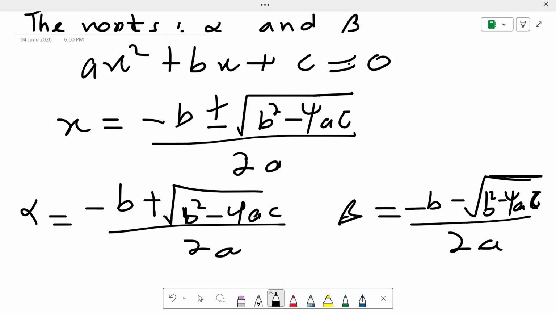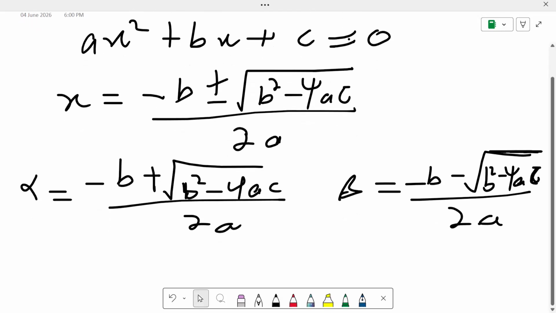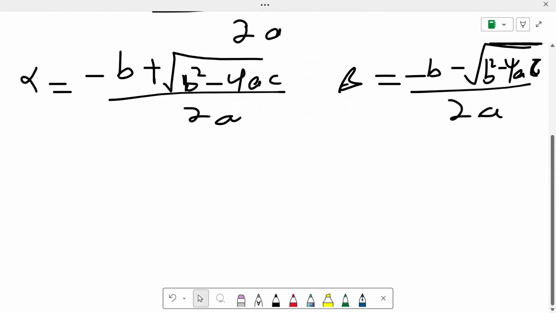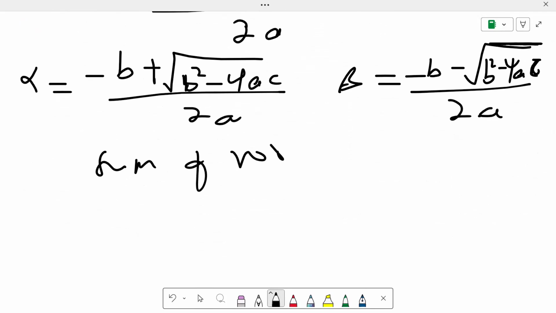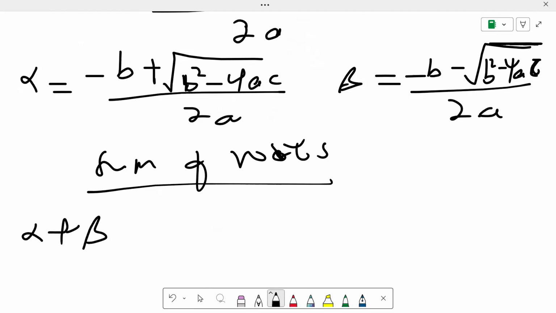So with this established, we now want to find the sum of roots. So straight away, let us find the sum of roots. That will be alpha plus beta. So we do this way.